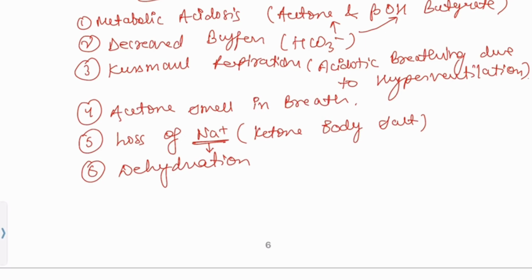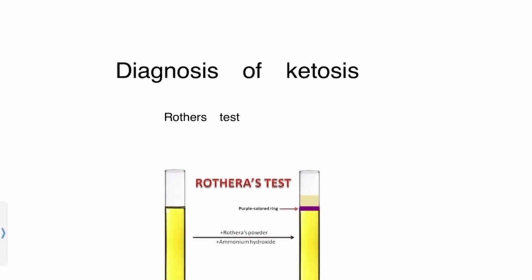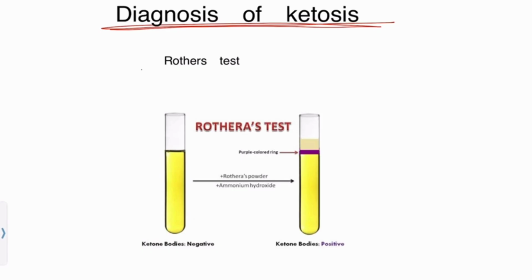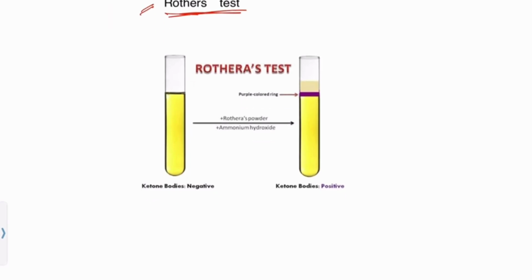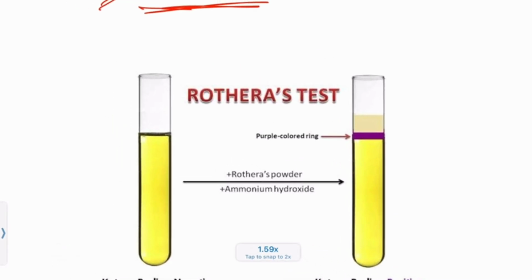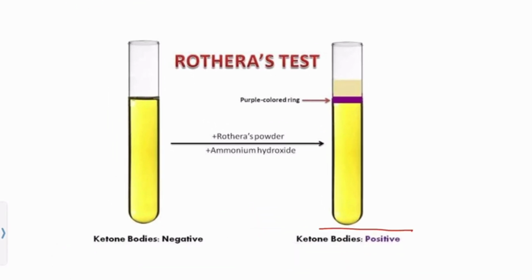Now, how will we diagnose ketosis? There is one very famous test, which is Rothera's test, with the help of which we can detect the presence of ketone bodies in urine. So a purple color ring is formed at the interface of ammonium hydroxide and urine.